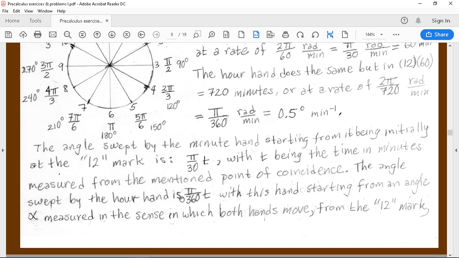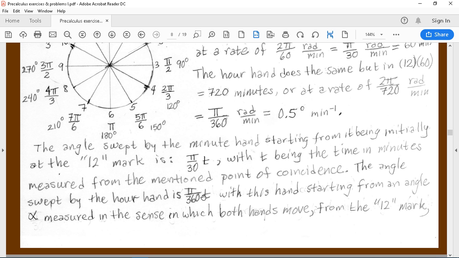The angle swept from those initial positions will be given by pi over 360 times t.